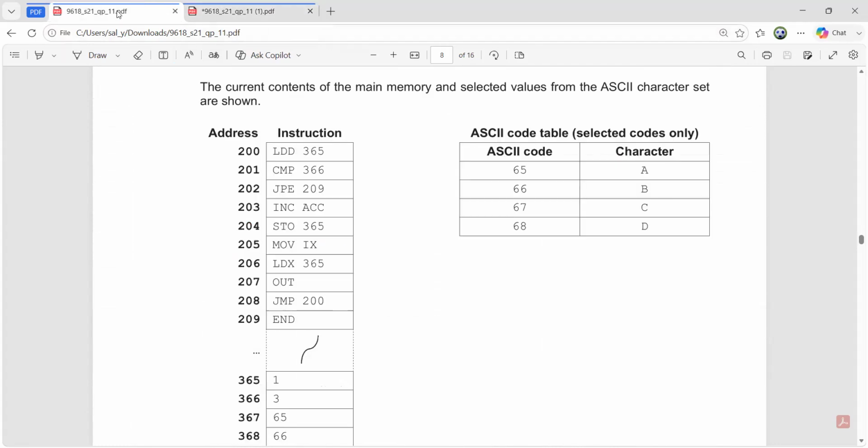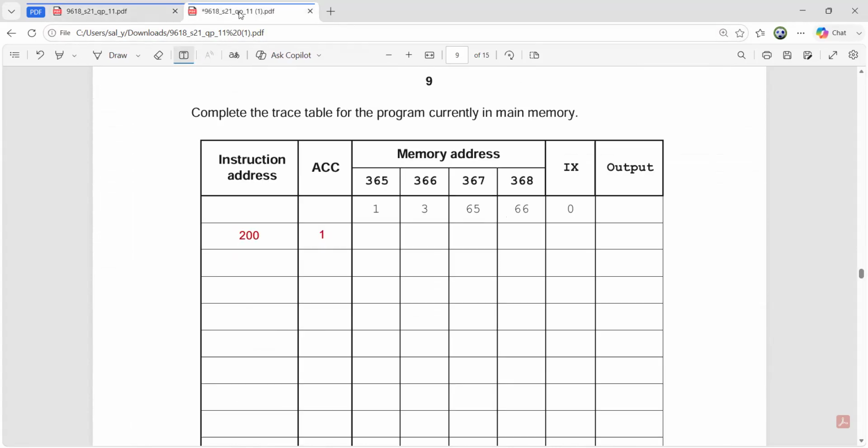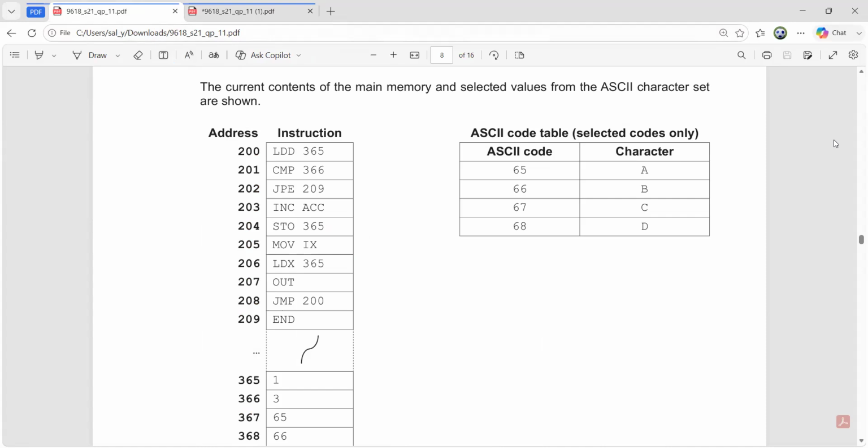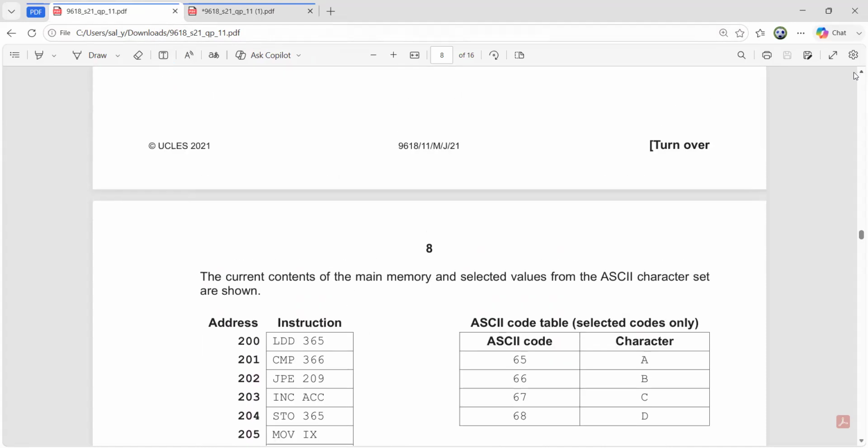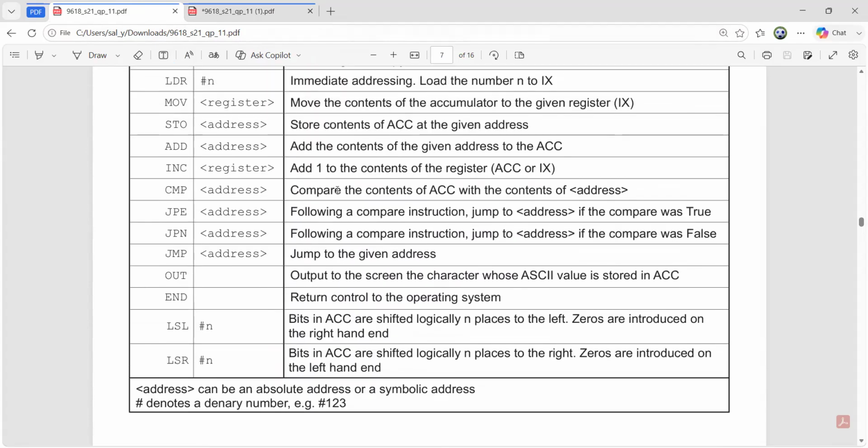Now moving to the next instruction, 201 CMP 366. CMP means compare the contents of ACC with the contents of the given address, that is 366.